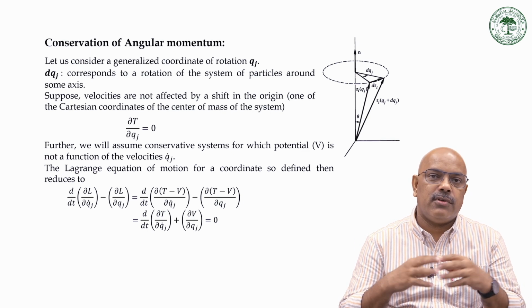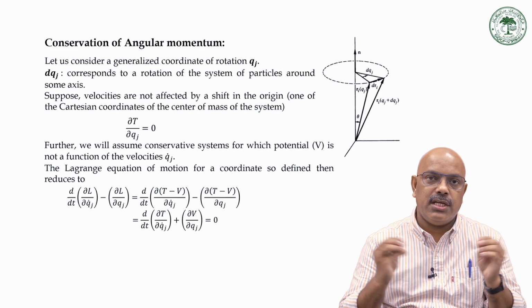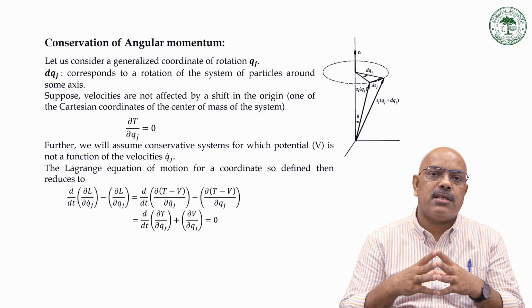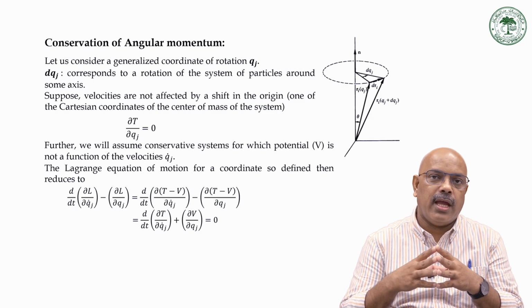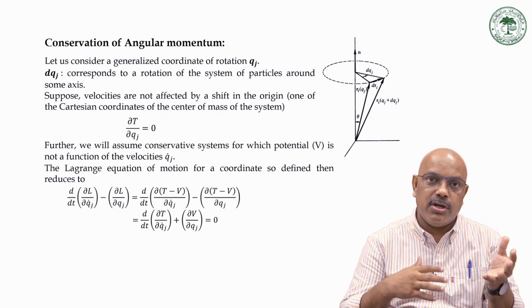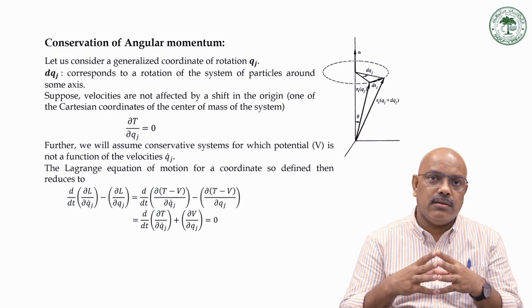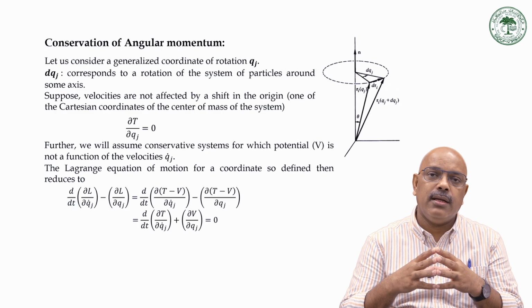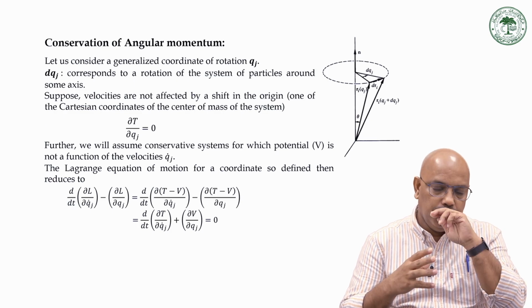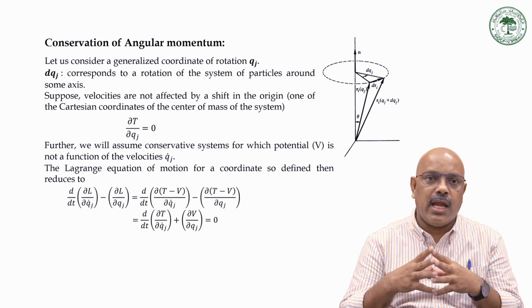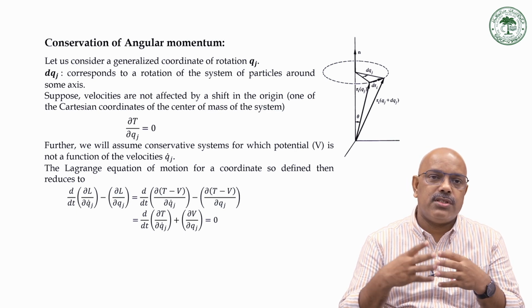Then if the system is translated from one position to another position in the coordinate space, the corresponding conjugate momentum for this cyclic coordinate is going to be a conserved quantity.